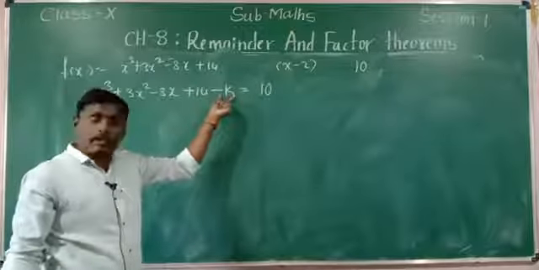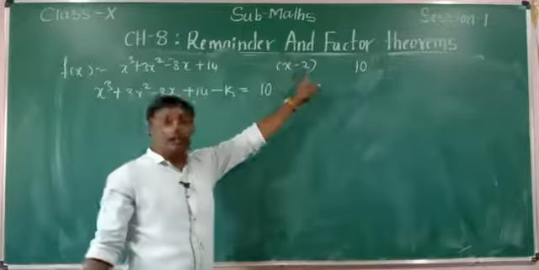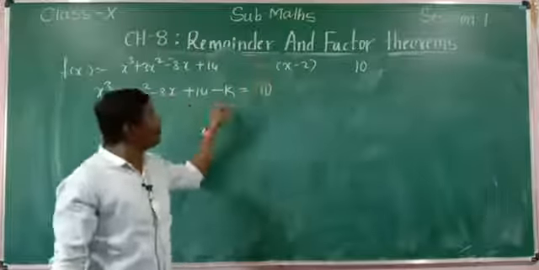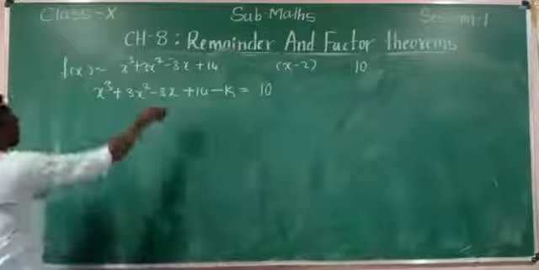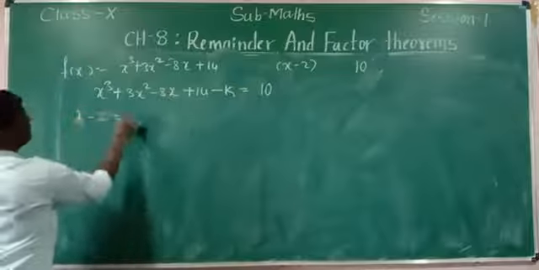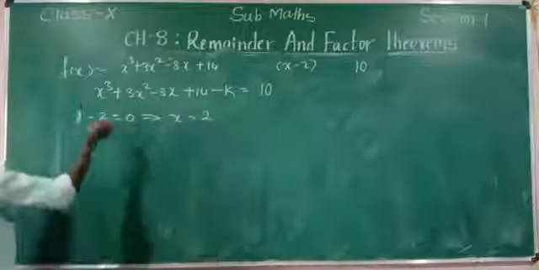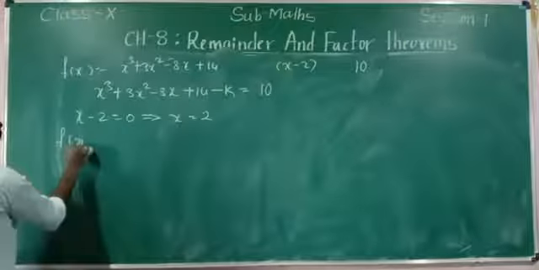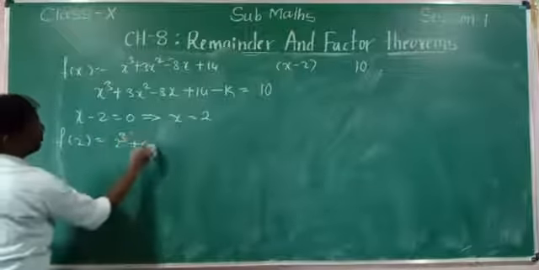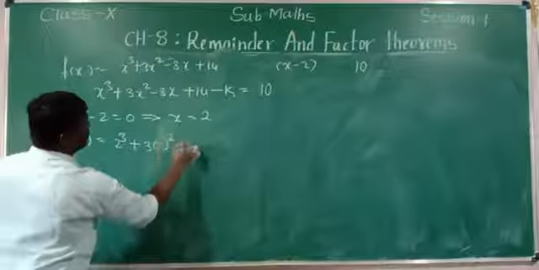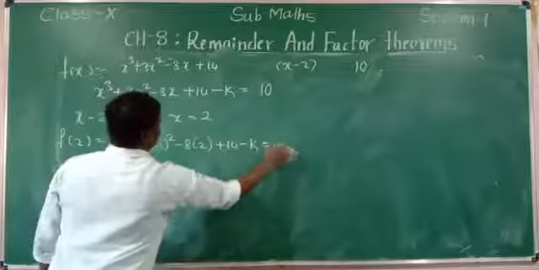When we subtract this value from the whole expression, then x minus 2 is a factor and it leaves the remainder as 10. Okay, so find the k value. X minus 2 is equal to 0, then x is equal to plus 2. Substitute the x value in the given expression. F of 2 is equal to 2 cube plus 3 into 2 square minus 8 into 2 plus 14 minus k, which is equal to 10.